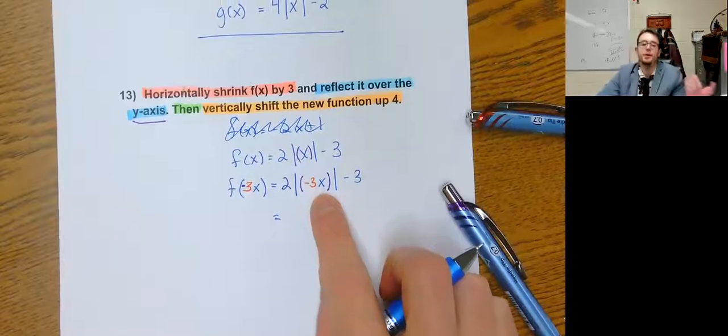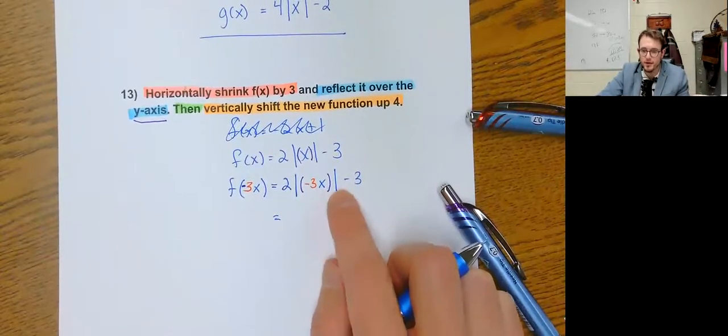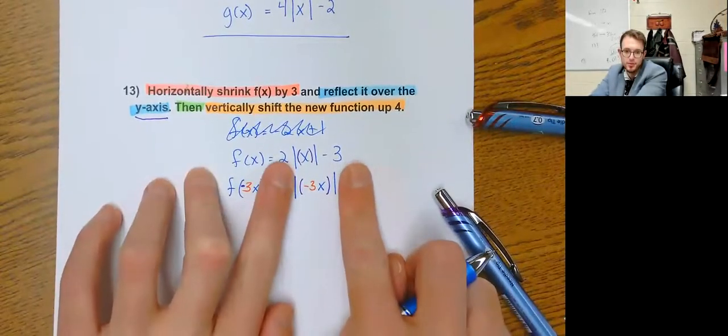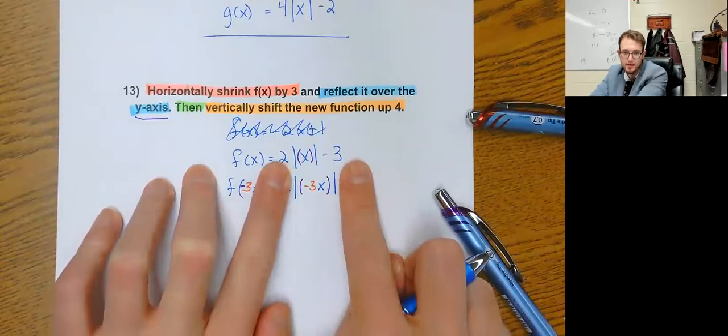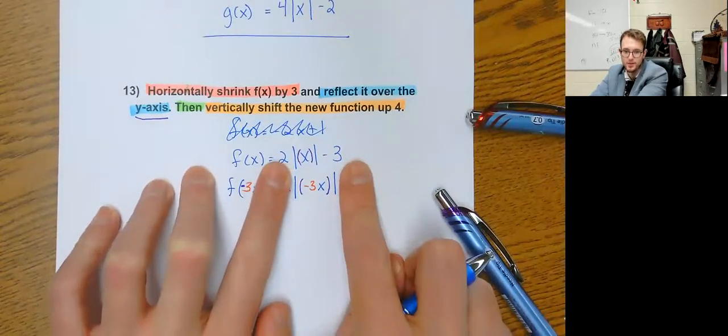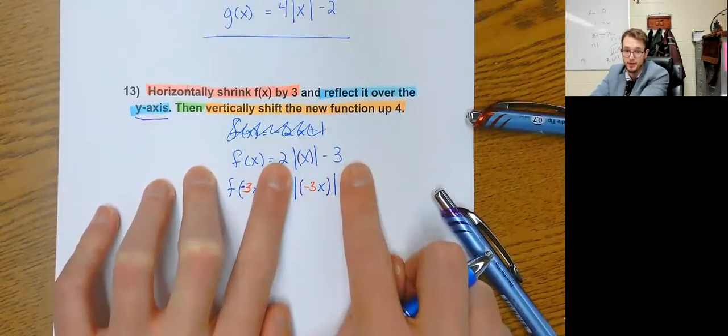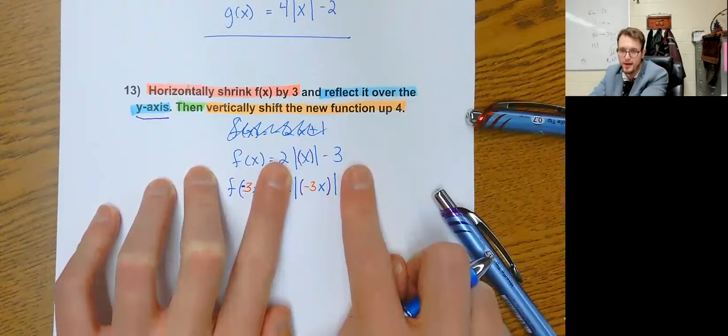Are those parentheses doing anything? Are they separating the negative 3x from something else on the inside of the absolute value? Is there anything else on the inside of the absolute value?